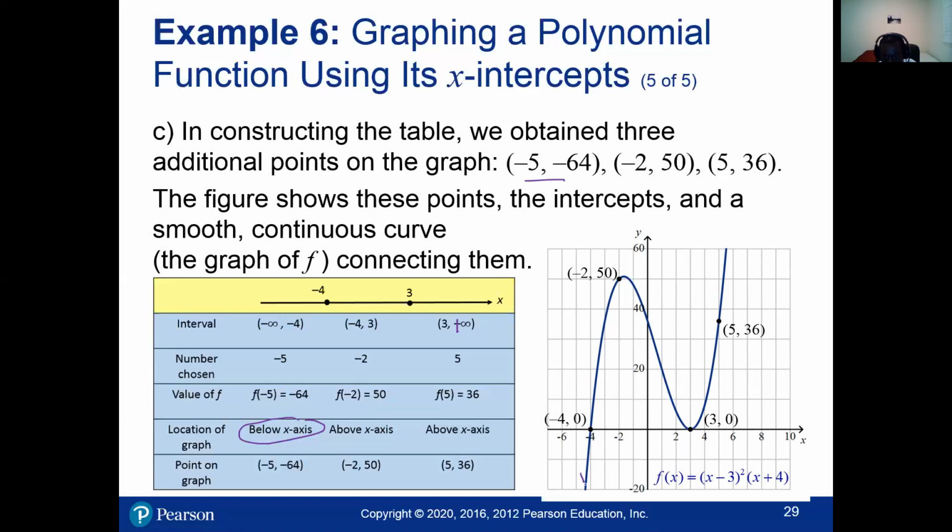Between -4 and 3, it is above the x-axis, and also from 3 to positive infinity, it is above. And then we plotted the point 5, 36. The y-intercept is 0, 36, which is right here. And we get this beautiful graph.